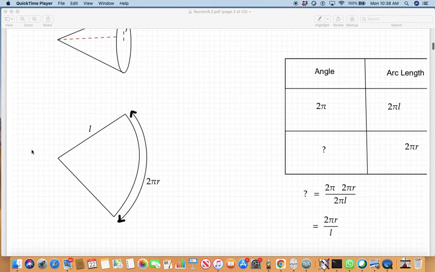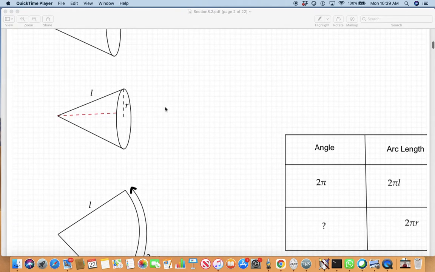If the angle were the entire 2 pi, then the arc length would be 2 pi times radius L. Now we don't know the angle, that's the question mark, but we know the arc length, that is 2 pi r. This r, mind you, is different from the radius of our circle here. This r is the base radius of your cone.